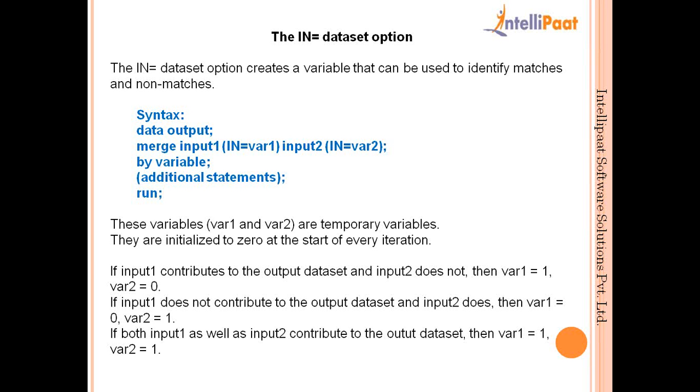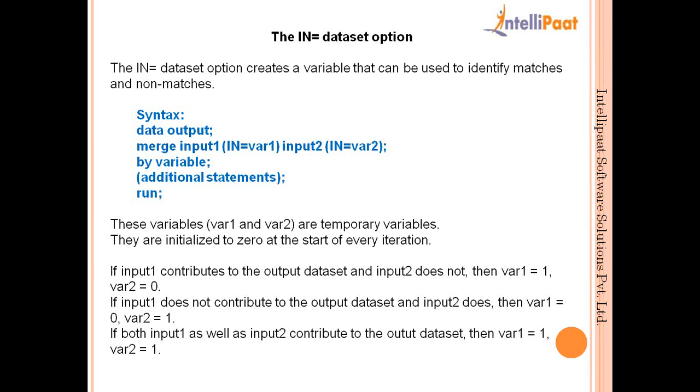As given in the example, you can see the syntax: data output; merge input1 input2; by variable. These variables, var1 and var2, are temporary variables. It is up to you whether you want to show them in the results or not. They are initialized to 0 at the start of every iteration.